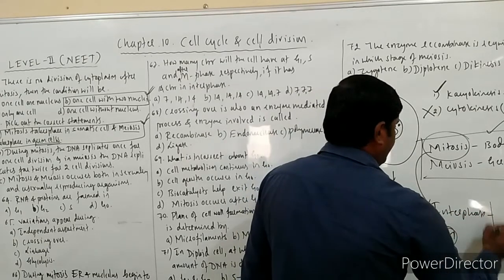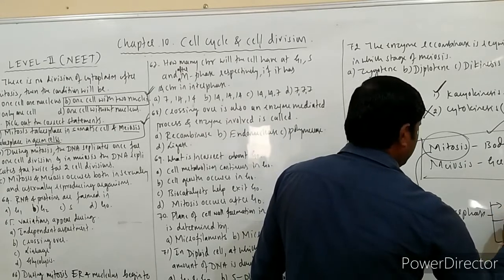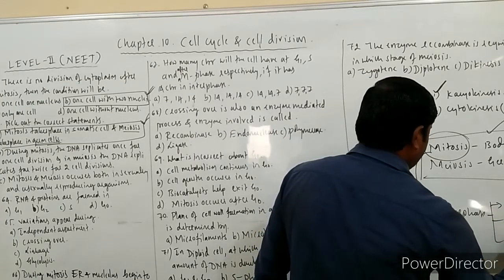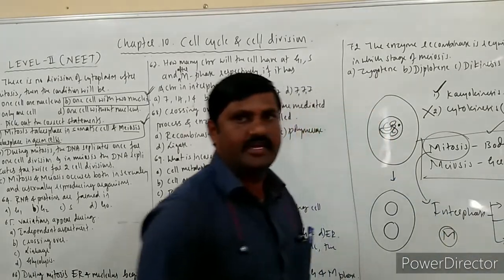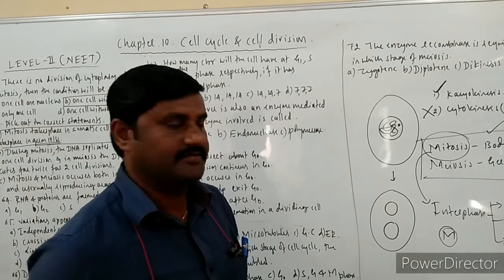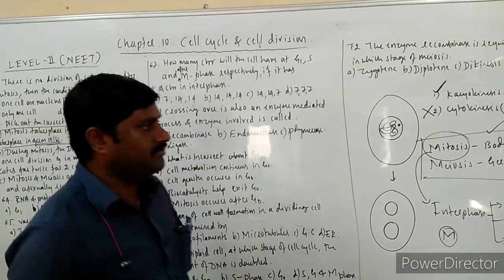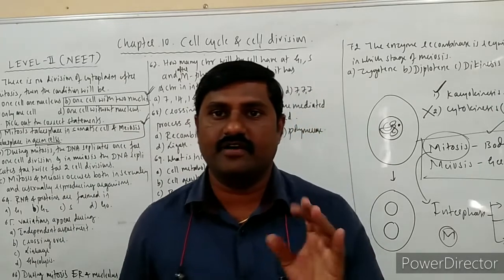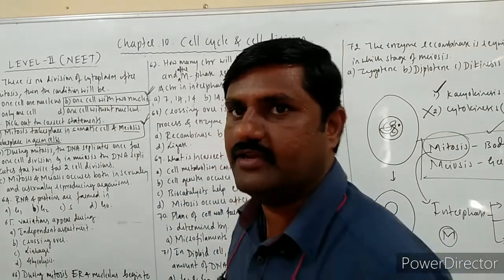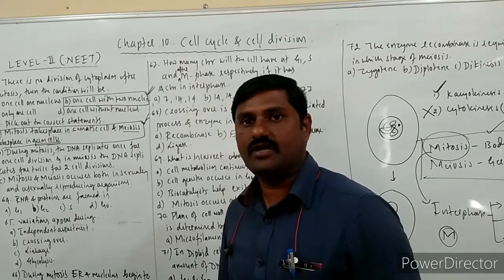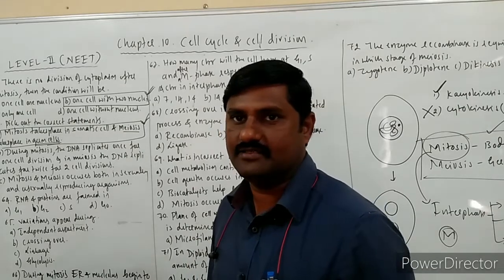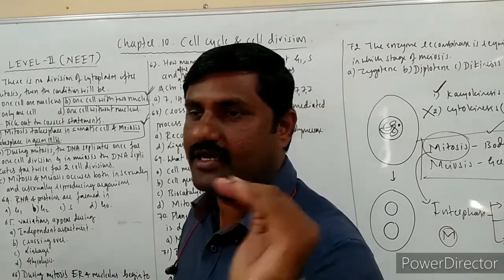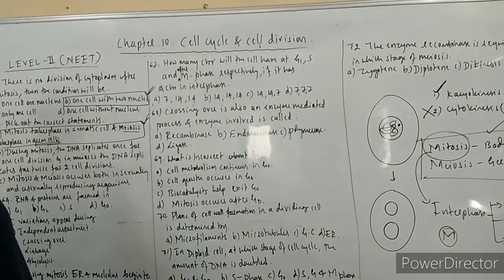During interphase, G1, S and G2 are the phases. In S phase, duplication of DNA takes place. But during meiosis, the duplication of DNA occurs only once, not twice, even though the same cell divides twice. I have already highlighted that in theory, so the second statement is wrong.